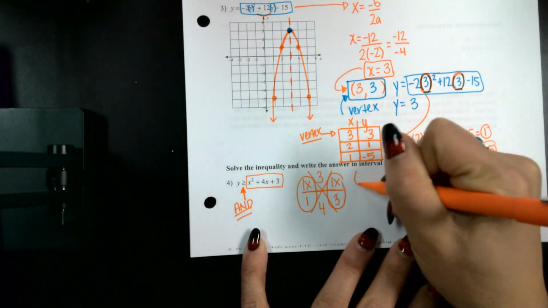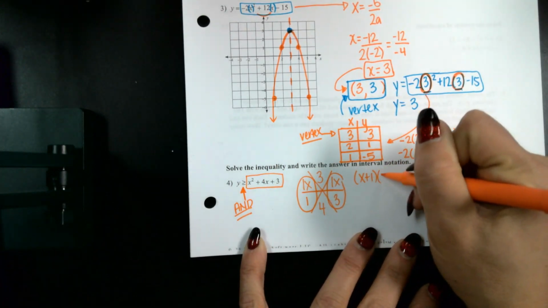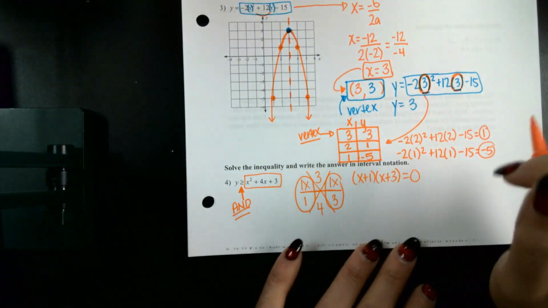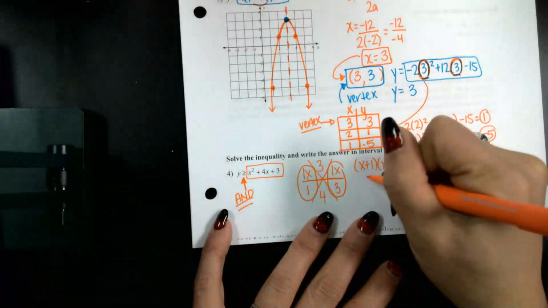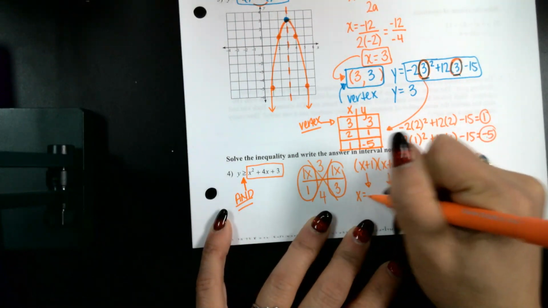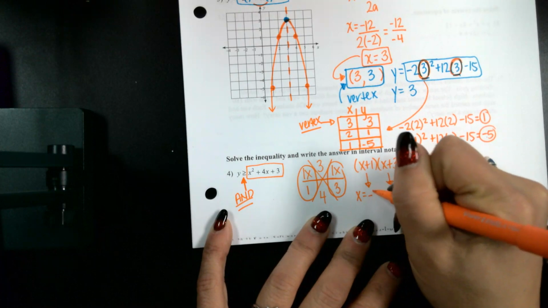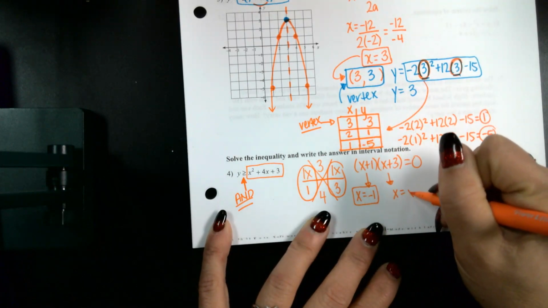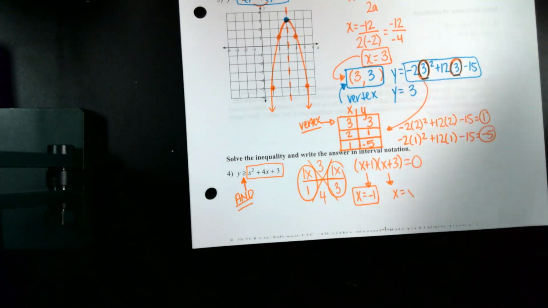So if those are the two numbers, the two factors that are in parentheses, when we set that equal to 0, if we were to break them apart, what would our two answers be? So you have x equals -1 and x equals -3.